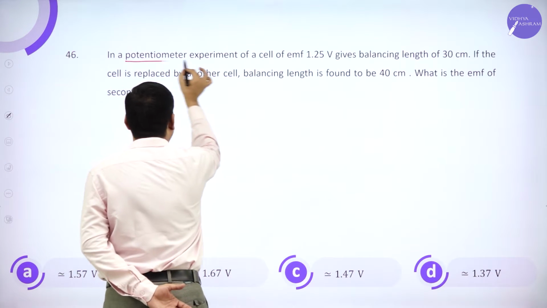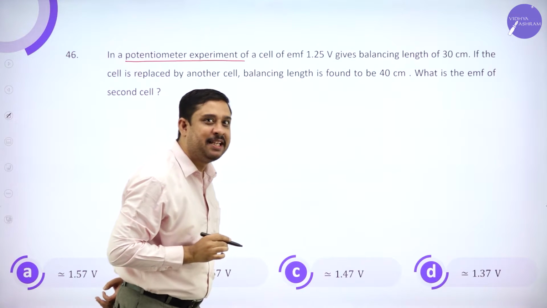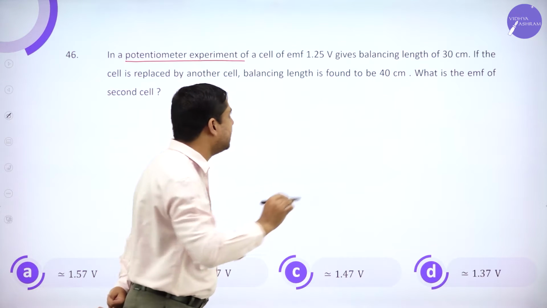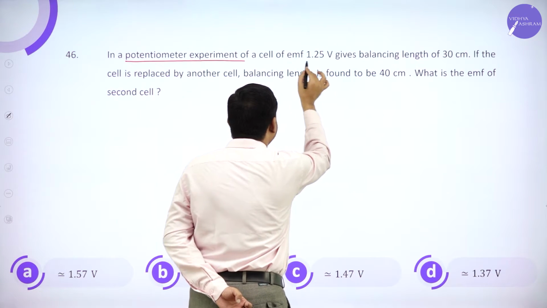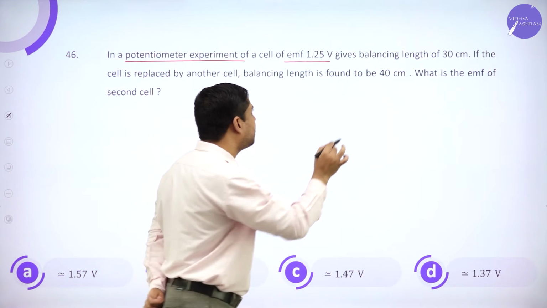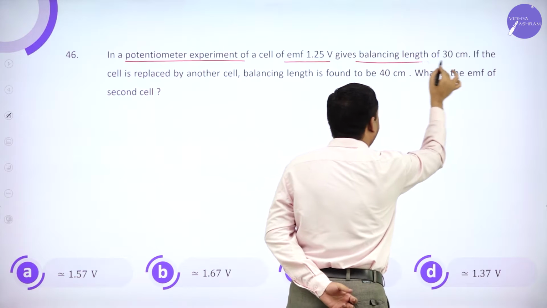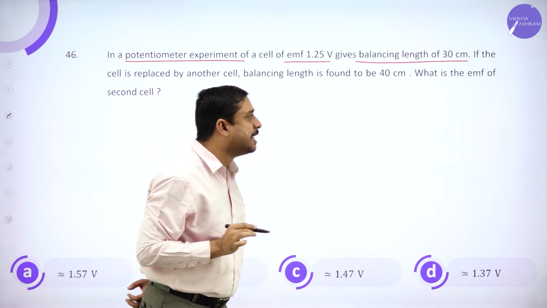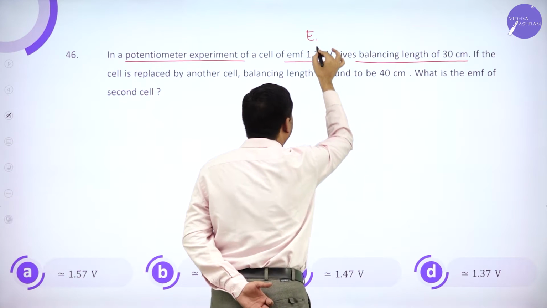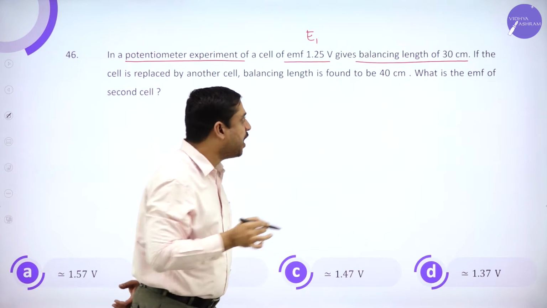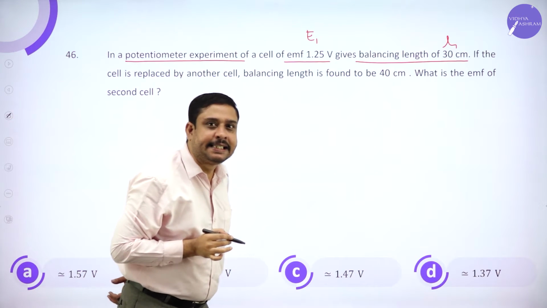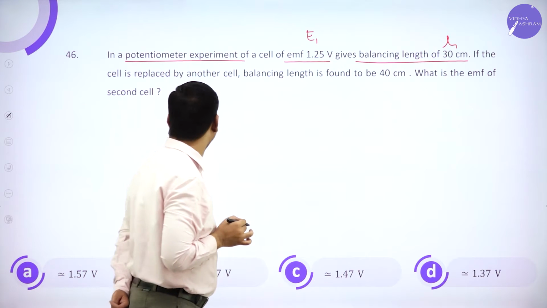In a potentiometer experiment, ಮಾಡಿದಿರಲ್ವಾ, comparison of EMF of two cells. A cell of EMF 1.25 volts gives a balancing length of 30 centimeter. So E1 is 1.25 volts, balancing length 30 centimeter.